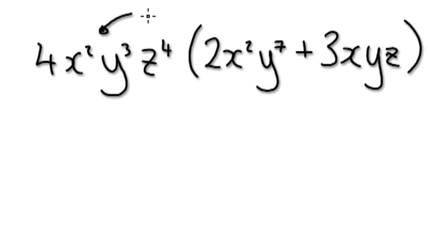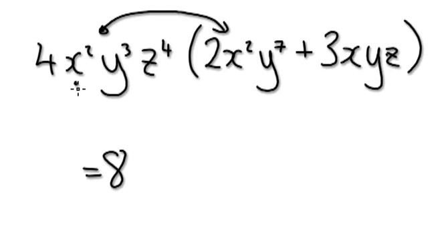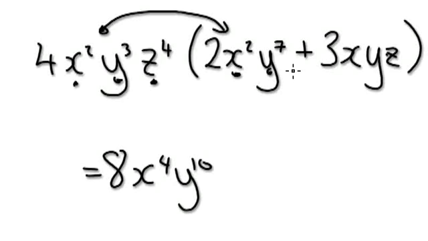So basically just get this times this, so that would become 4 times 2 is 8. Look at the x here, so that's x to the power of 4. Look at the y here, so that would be y to the power of 10. Look at the z, there's no z over here, so it's just z to the power of 4.